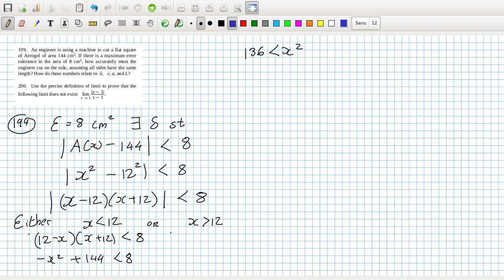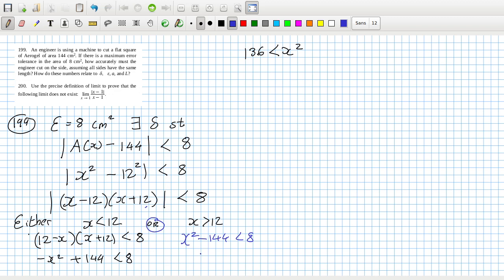And then, or if x is more than 12, then actually we'll just go to x squared minus 144 is less than 8, because we can drop the modulus sign, the absolute sign, because both these guys are positive.